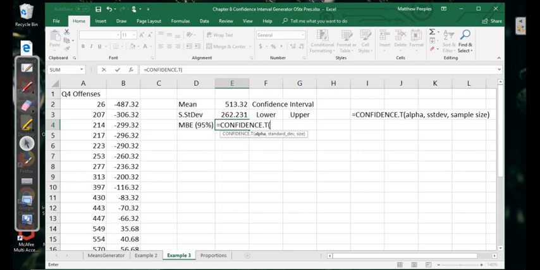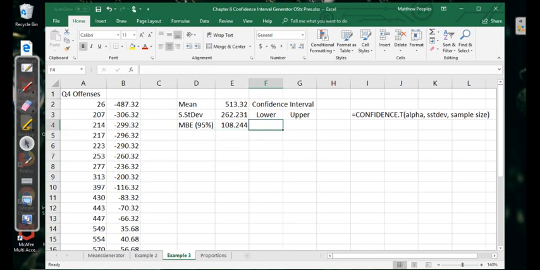Our alpha is just like the alpha level before. Because it's a 95% confidence interval, we take 1 minus 0.95 and get 0.05. Our standard deviation is the one that we found here on the table, and our sample size is 25.